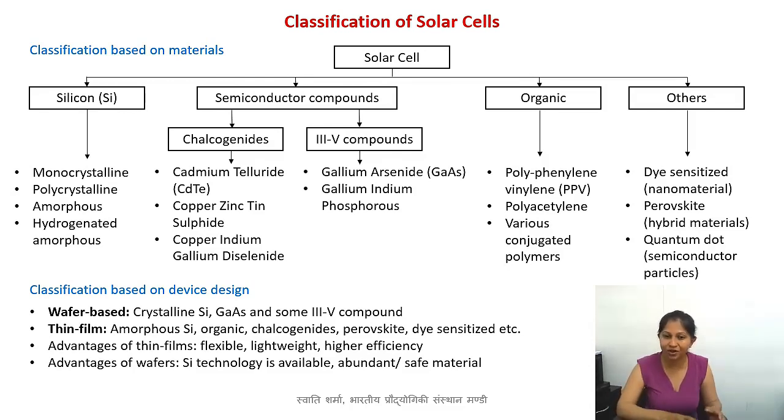So the same technology can be easily used and transferred to solar cell fabrication, and that is one very big advantage, and that is why silicon has also immediately become so popular. In addition, as I already mentioned, silicon is available in the sand, so we have a lot of material available. It is also non-toxic and safe material to work with. So these are all the advantages of the silicon-based or wafer-based technology.